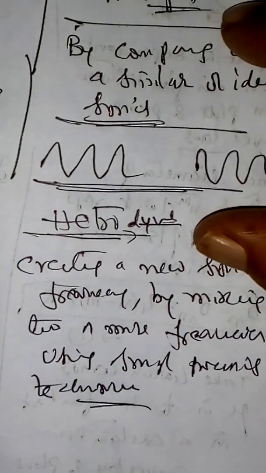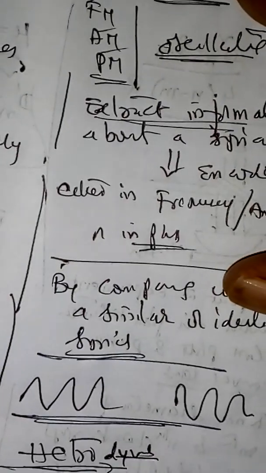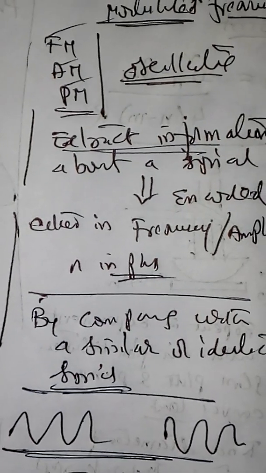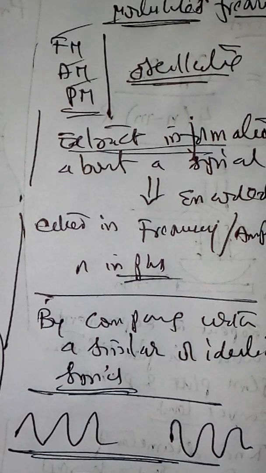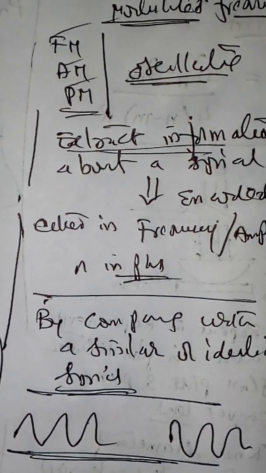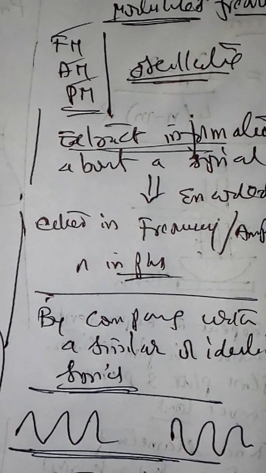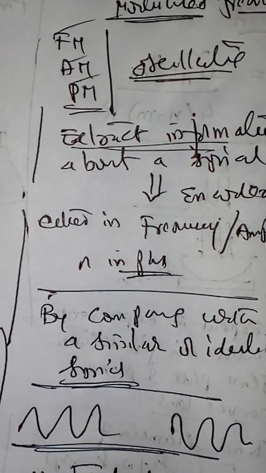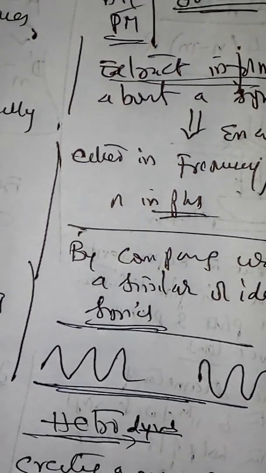This concept is the heterodyne concept. The earlier concept is extracting information about a signal which got encoded in modulation of amplitude or frequency by comparing with a similar identical signal, which is what is known as homodyne. So this is one basic important thing.